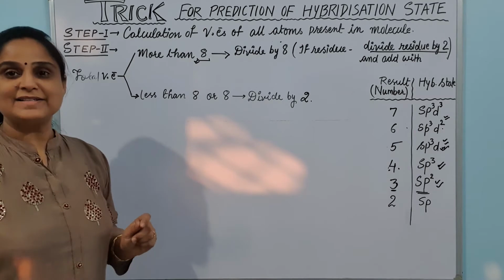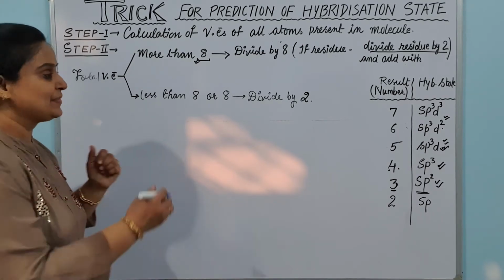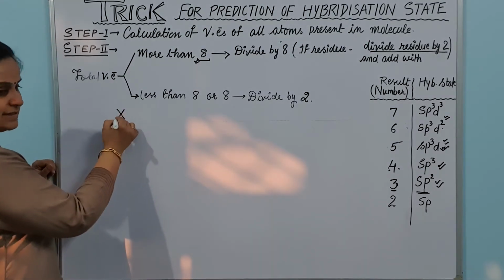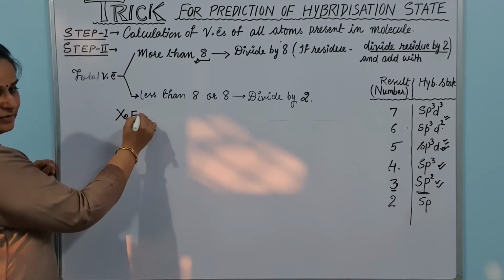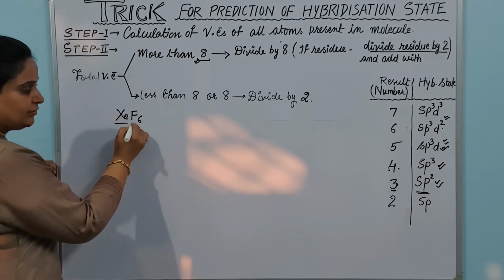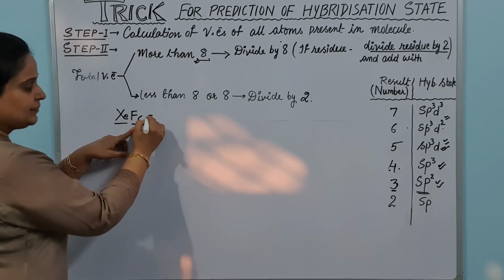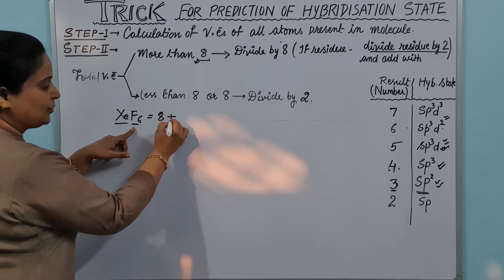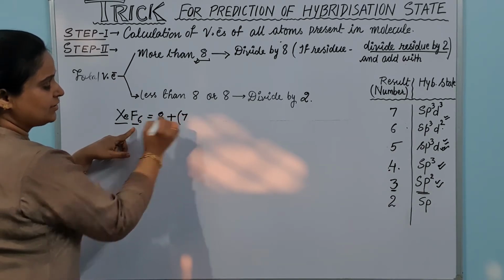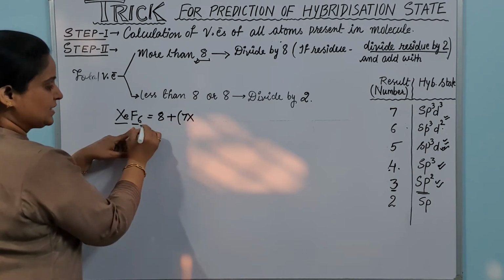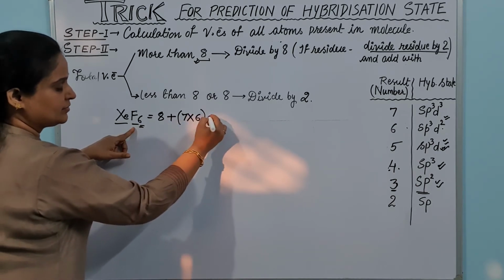So let us apply this trick to some more examples. So here I am taking this time XeF6. In xenon hexafluoride, xenon is at 8. How many electrons are there in the outermost shell of fluorine? 7. How many fluorines are there? 6.